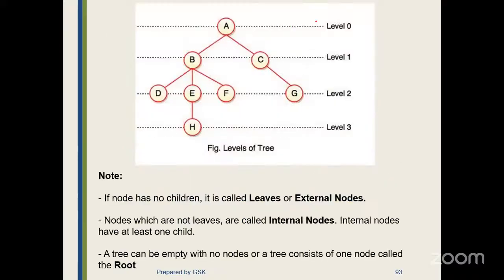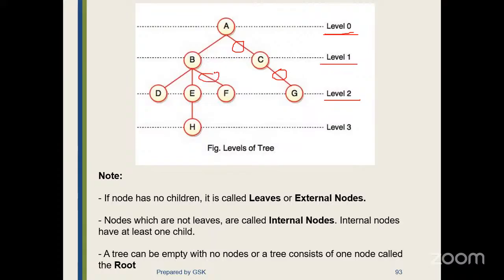See this? If this is level 0, then these are called level 1 nodes, B and C. And D, E, F, G are called level 2. So we have two connections for these nodes.